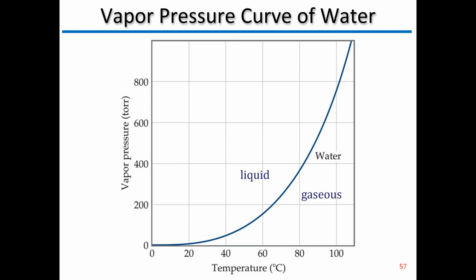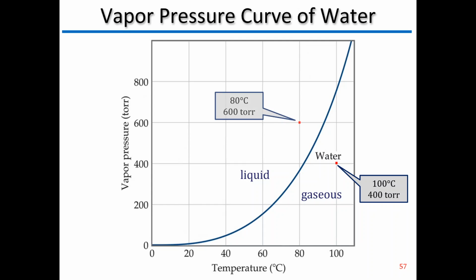We have vapor pressure plotted against temperature. If we take a look at a couple of points here, at 100 degrees C, with this particular sample, we have 400 torr of vapor pressure. At 80 degrees C, we have 600 torr of vapor pressure.